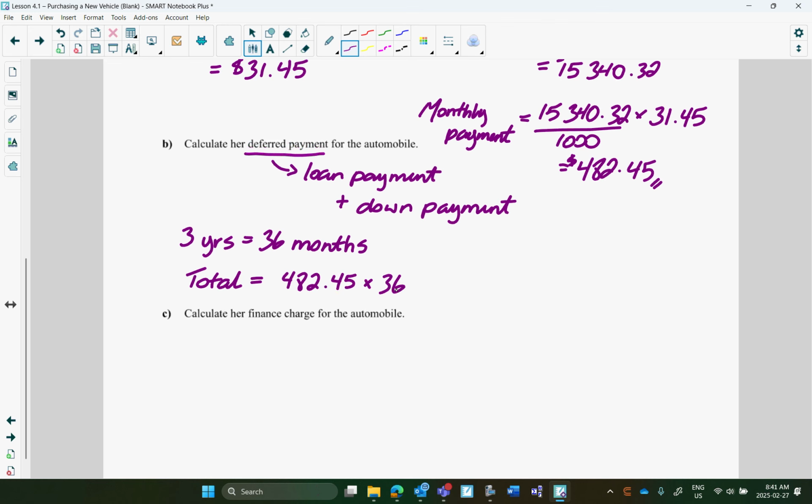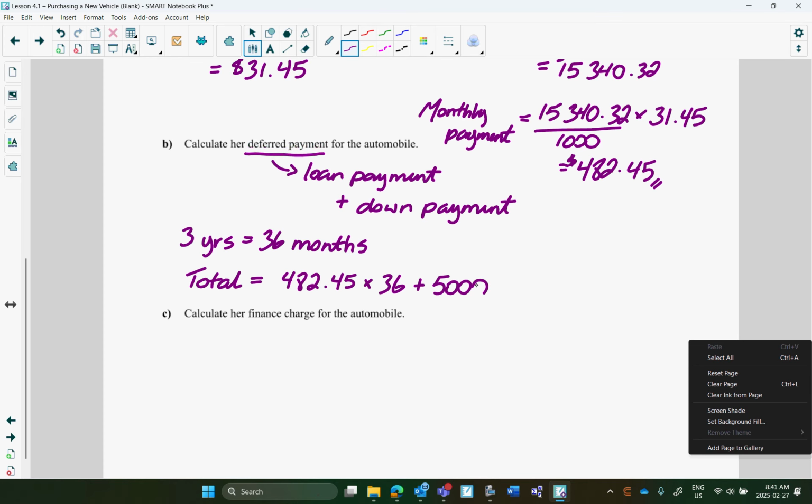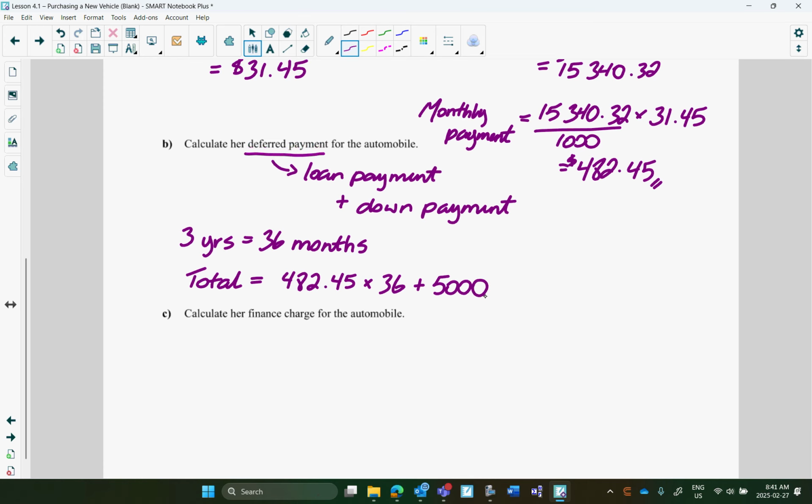That's how much of a loan she took, plus the down payment she paid. And that means she's going to pay a total of $22,368.20.